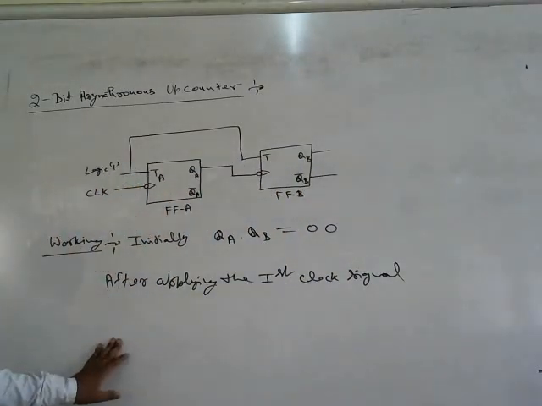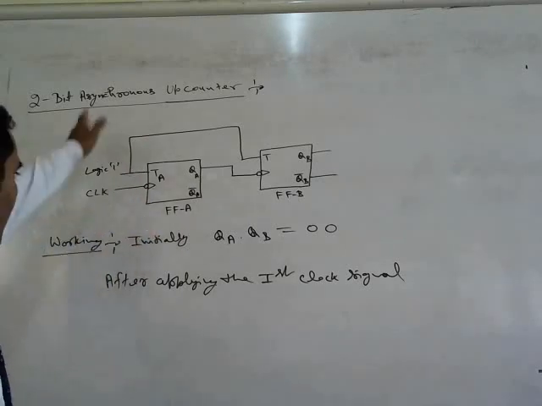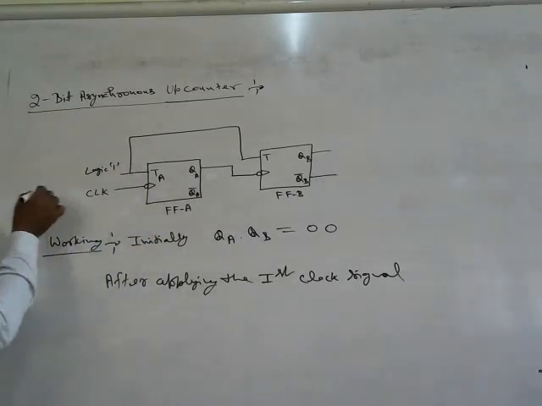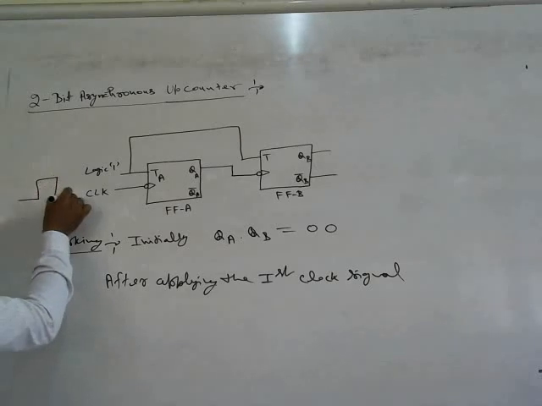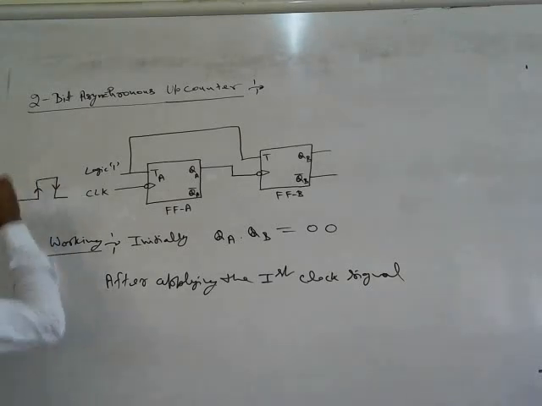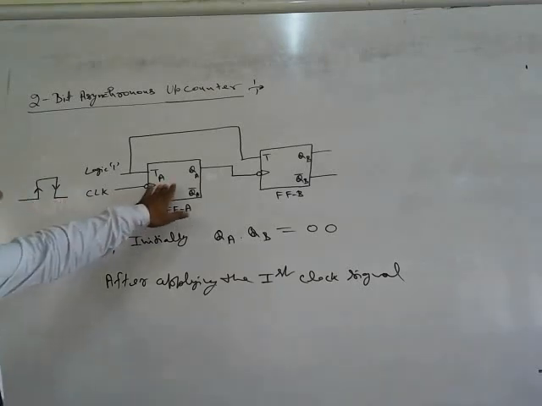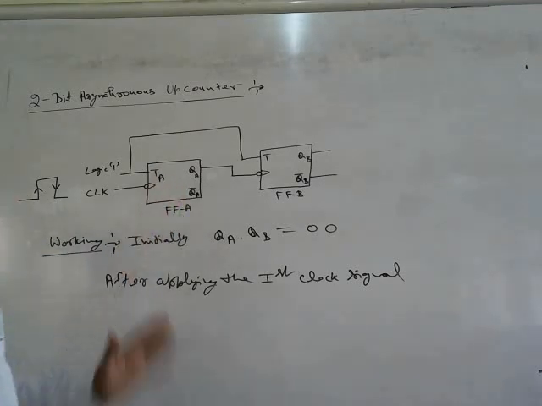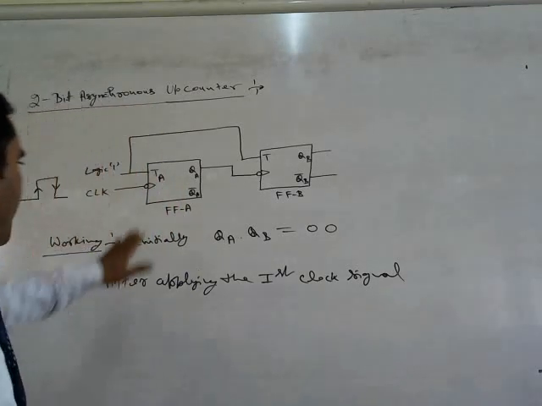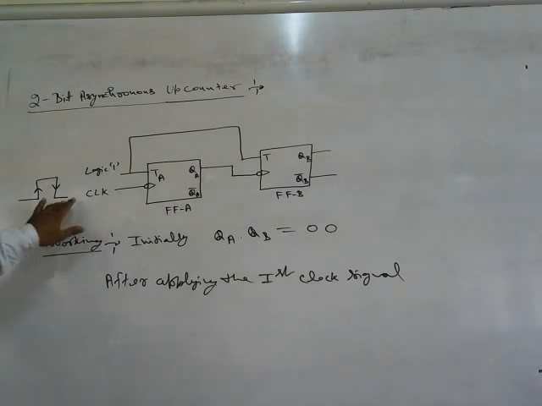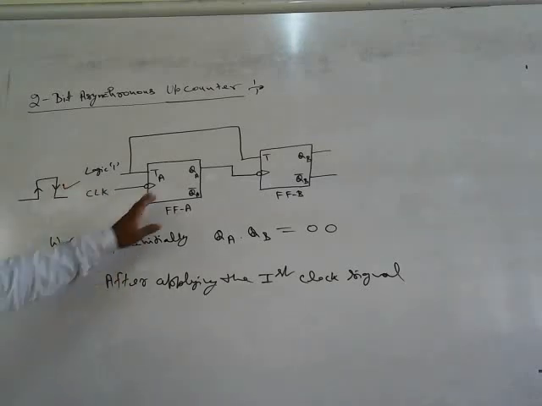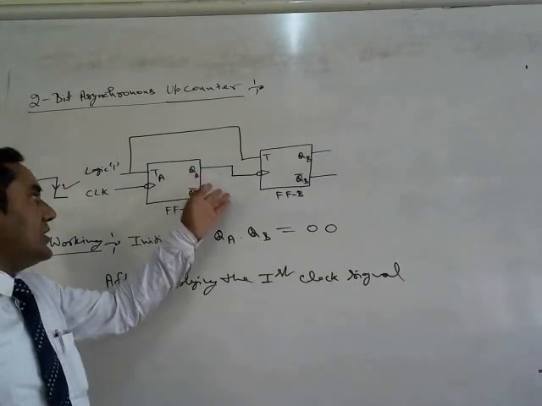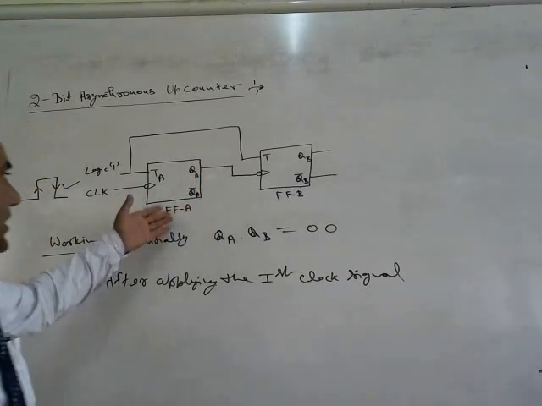After applying the first clock signal, what happens? Then flip-flop FFA, or TA, will toggle because it accepts the negative edge triggered clock pulse, and toggle means it changes the contents.